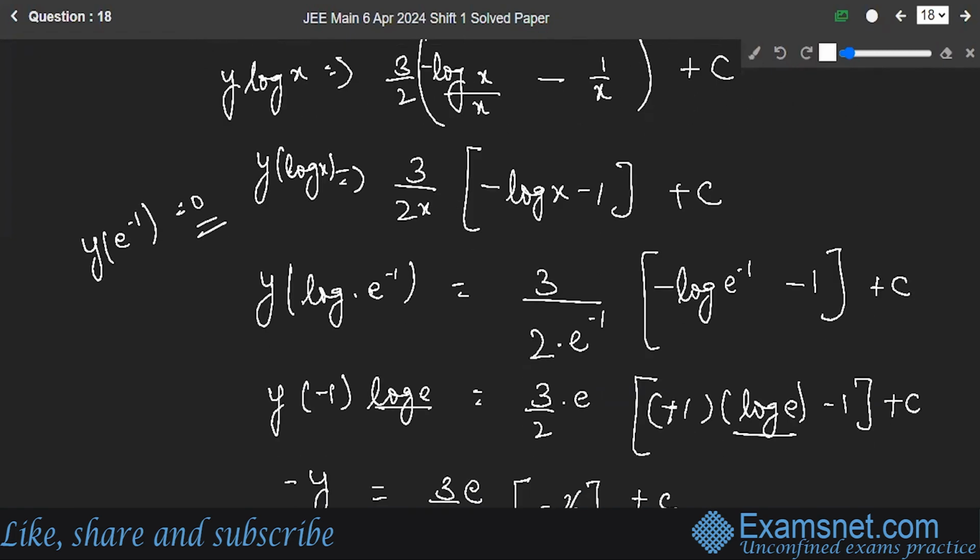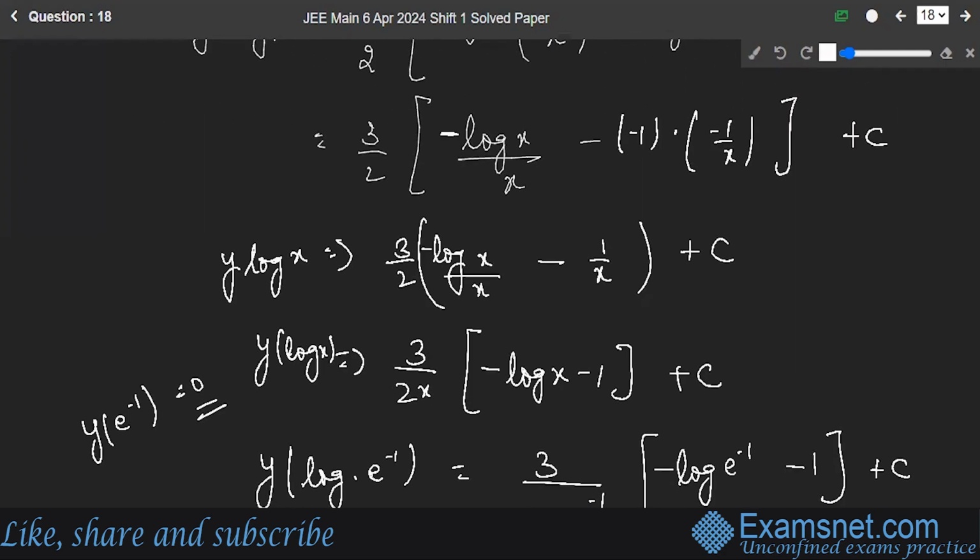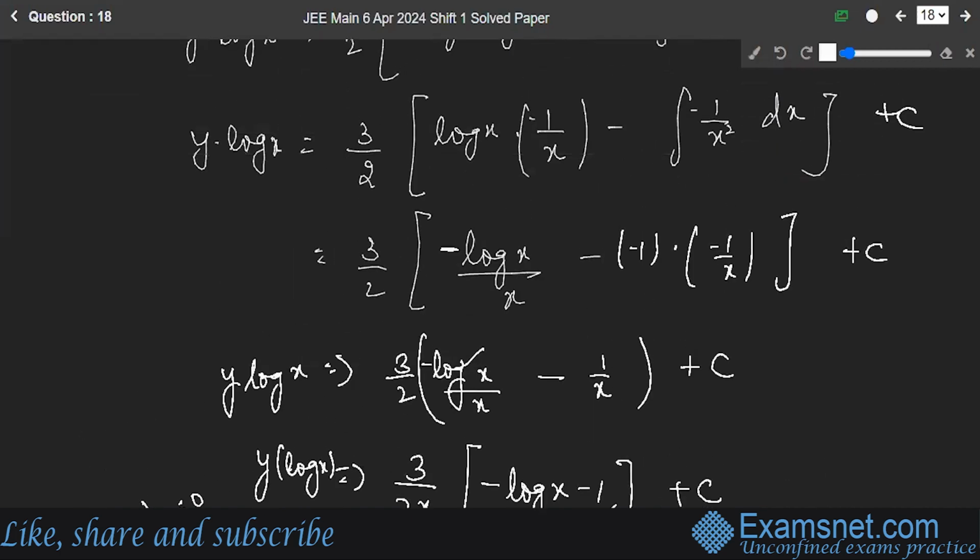And this negative, it will be positive. And then it will be 1 minus 1, which will give me a 0 over here. So y was already 0, right? So 0 is equal to 0 plus c, or c is equal to 0. I'm repeating. Here was the negative sign.